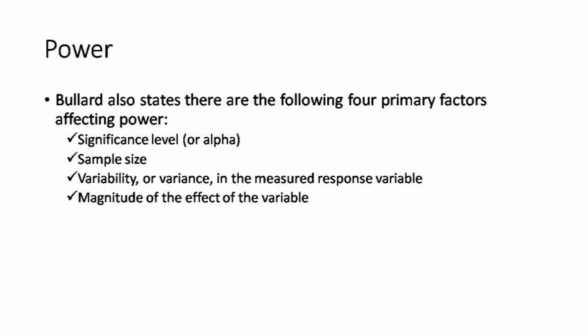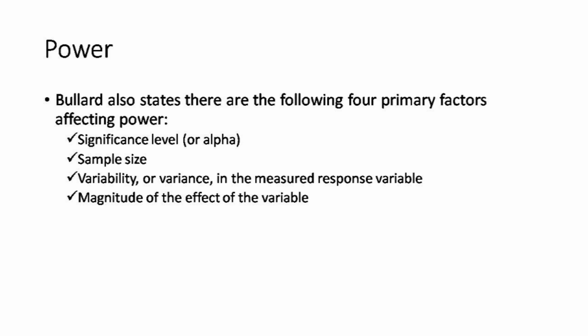And fourth is the magnitude of the effect of the variable. Majorly, one says that if we increase the sample size, then our test can be more powerful. But we state the hypothesis testing mainly on the basis of the level of significance that we are taking into account.